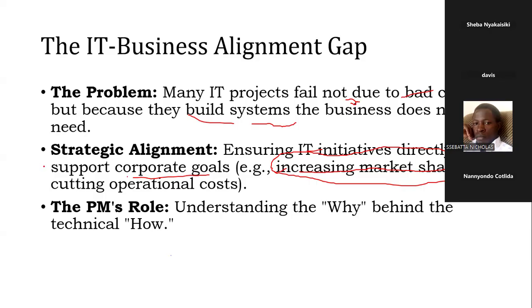If they say we want to cut operational costs, you're thinking of what solution can be implemented to help cut operational costs. So the project manager's role is to understand the why behind the technical how.